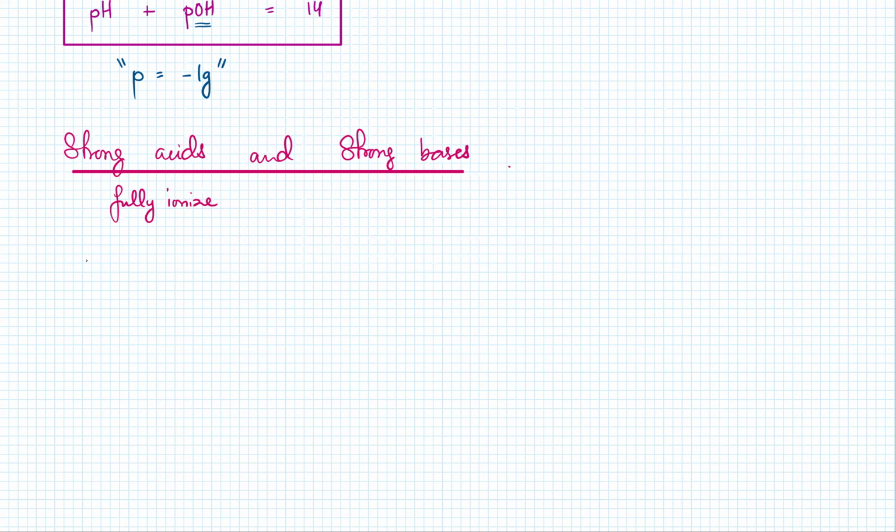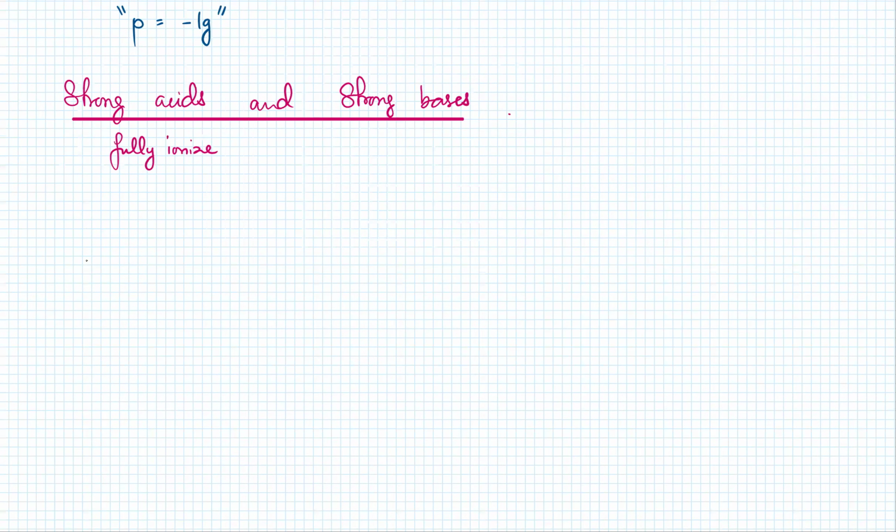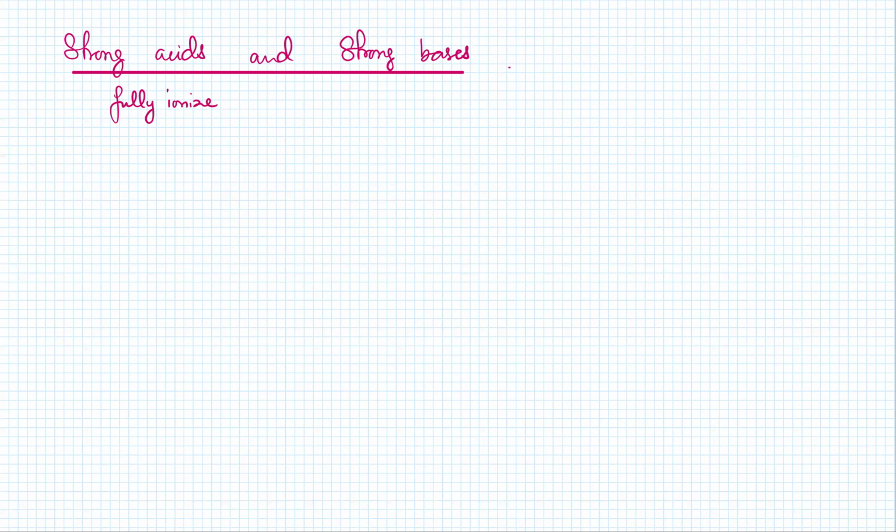See, for strong acids and strong bases, ionizing fully doesn't mean that it's going to be 100% ionizing. It's going to be very close to 100%, but not exactly 100%. Keep that in mind first, because we're going to start studying weak bases and weak acids as well. So fully ionizing does not mean 100% of it, just something very close to 100% ionization.